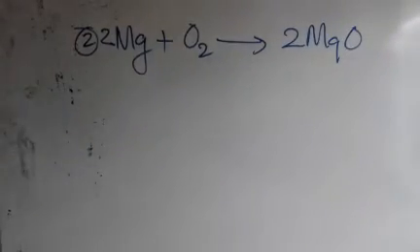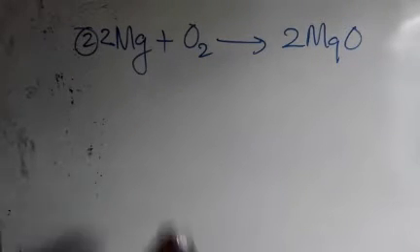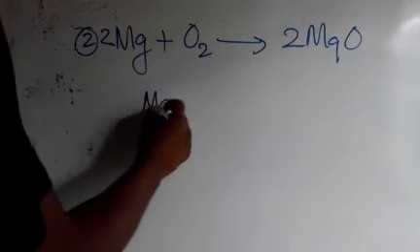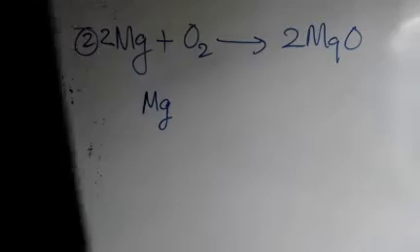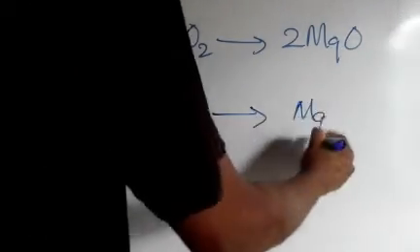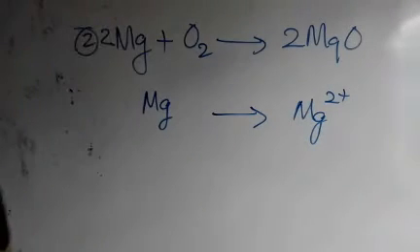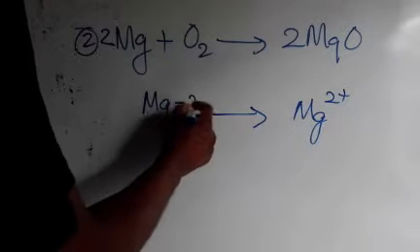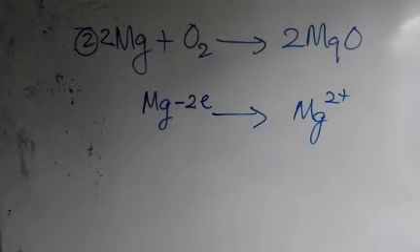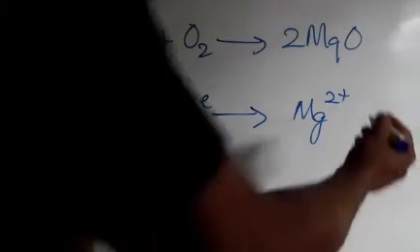Next one, magnesium reacts with oxygen to form magnesium oxide. So one, I will take magnesium. So here magnesium ion is there, magnesium 2 plus ion. So that means magnesium has to remove electrons to become magnesium ion. So this is a reduction.